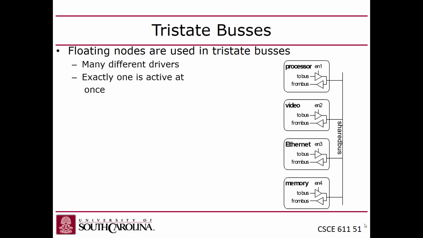Anyway, this picture is showing processor, video controller, Ethernet controller, and memory all connected to a shared bus. But when they drive it, they all drive the shared bus through a tri-state buffer, right? And only one of them will be setting that to 1 or 0 at a time. Make sense?